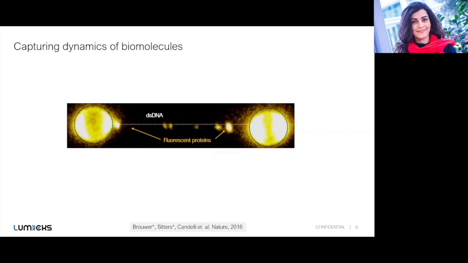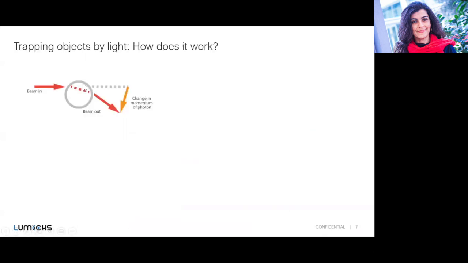microtubules, for example. So we use a highly focused laser light to trap objects in optical trapping. But how can we use light to trap objects?